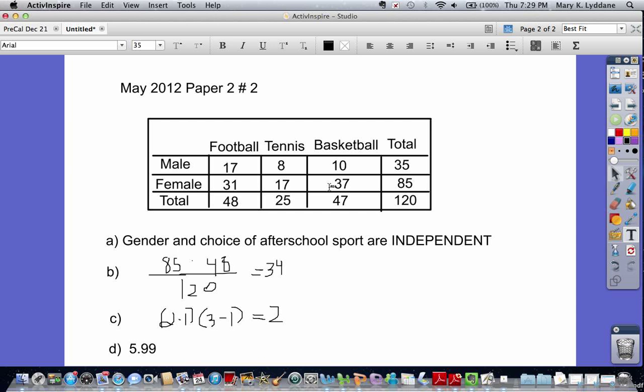And you just hit enter, and it will do that for you. And then you hit enter again to have the chi-squared value calculated for you. So in part E, the chi-squared value is 2.42.